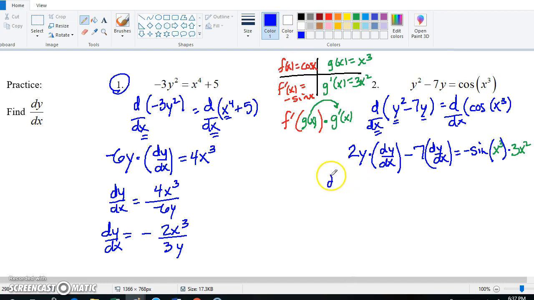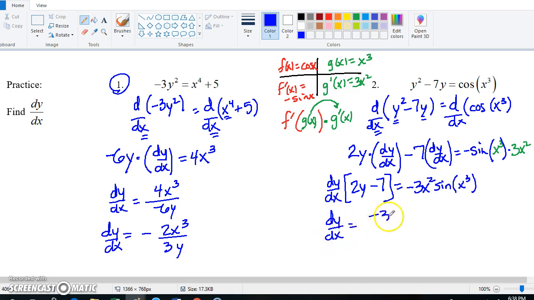On the left, I'm going to factor my dy dx from each of my two terms, 2y minus 7. On the right, I'm just going to move this 3x squared to the front, combine it with that negative 1 that's in front. So negative 3x squared sine of x cubed. To solve for dy dx, we will divide both sides by 2y minus 7.